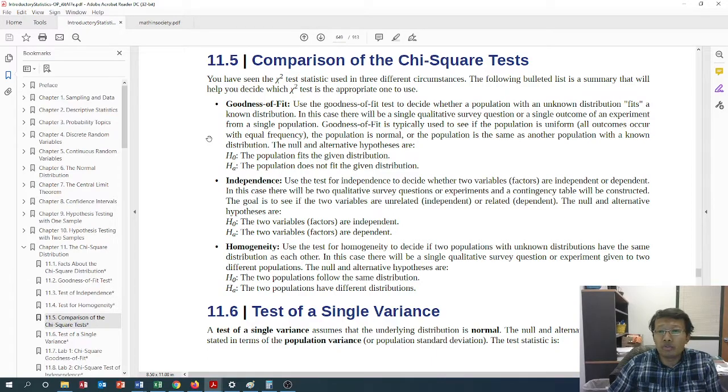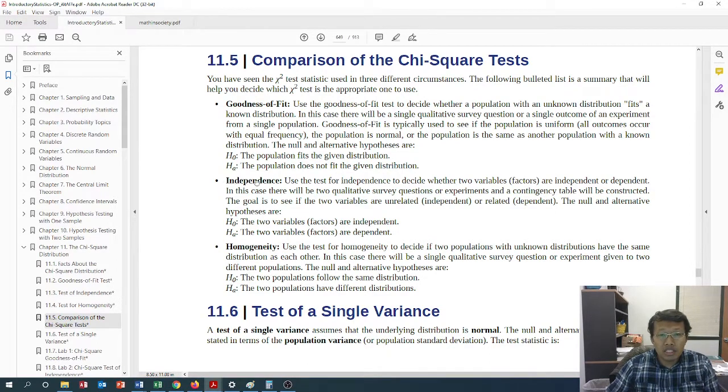The null and alternative hypotheses would be: the population fits the given distribution, the population does not fit the given distribution. That's straightforward. The unknown distribution we do not know; the known distribution could be normal, uniform, binomial, or Student's t distribution, or something.